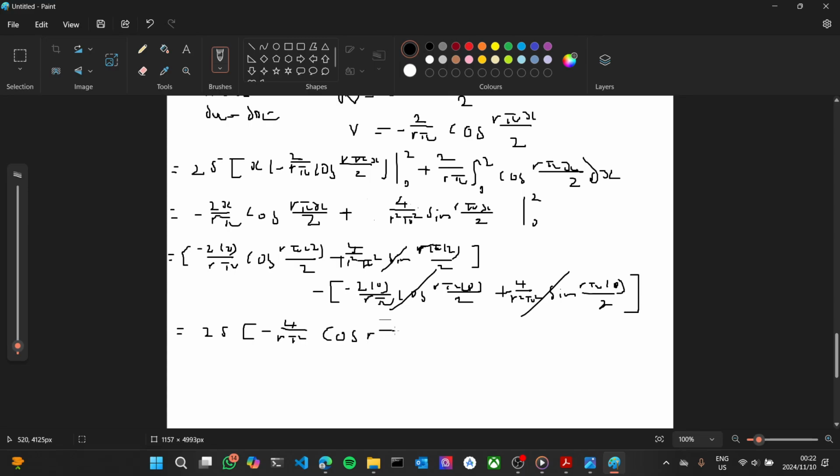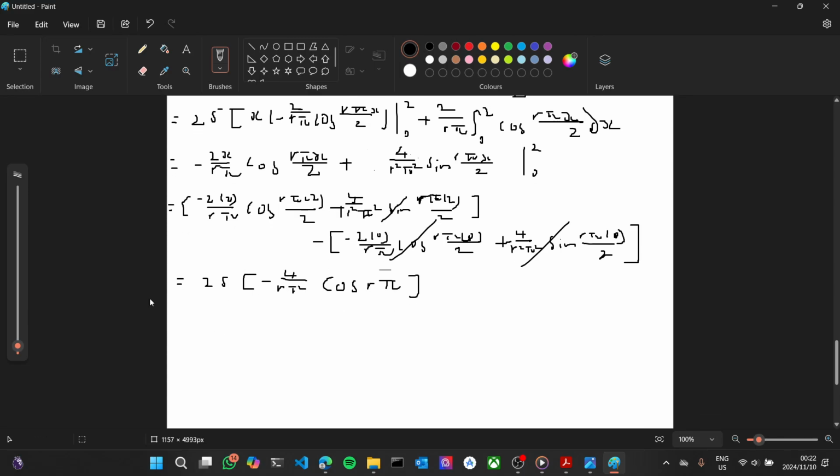So it's just r pi. Cool. So we can simplify that to minus 100 over r pi cosine r pi.